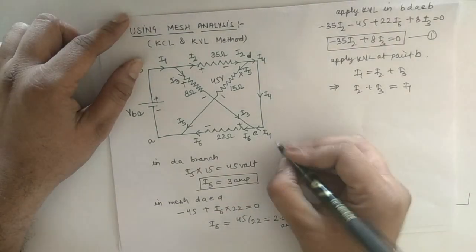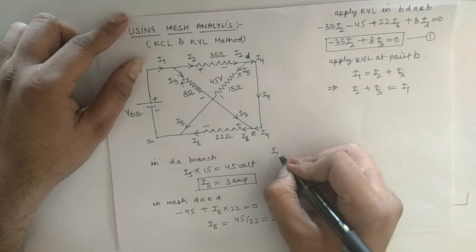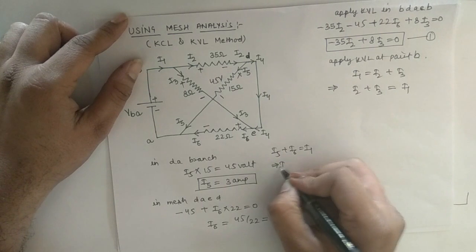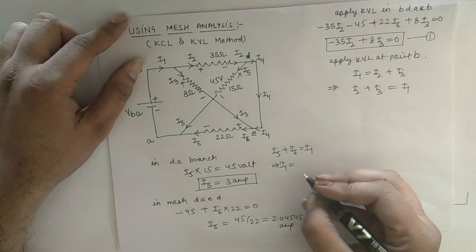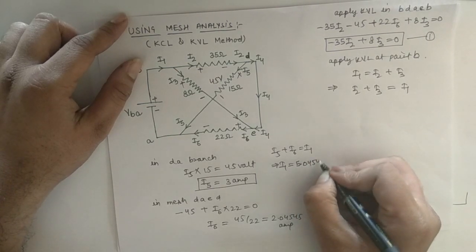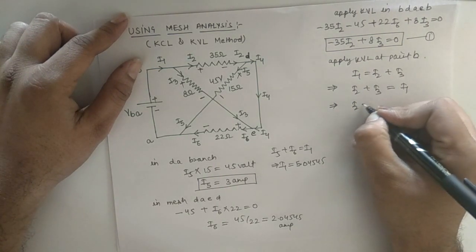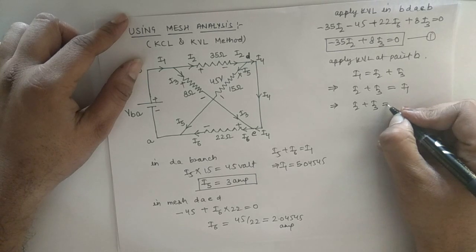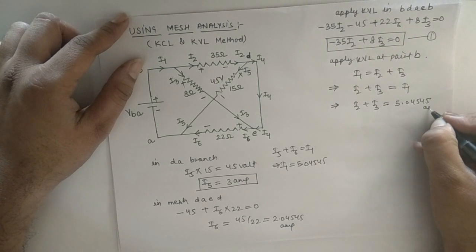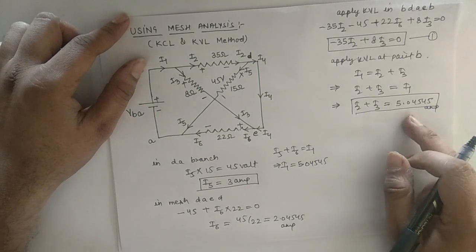Now I5 plus I6, add this here, I5 and I6 is equal to I1. So here we get I1 is equal to 3 plus 2.04545, which is 5.04545. So this I1 is put here. I2 plus I3 is equal to 5.04545 ampere. So in this way we get another equation in terms of I2 and I3.